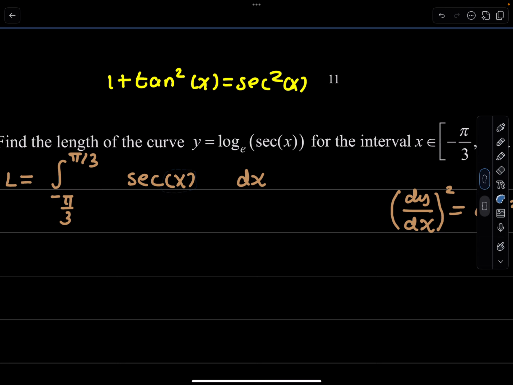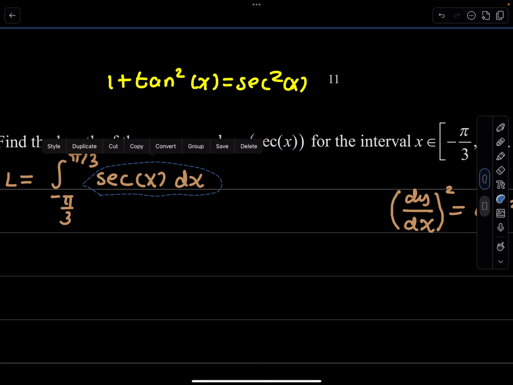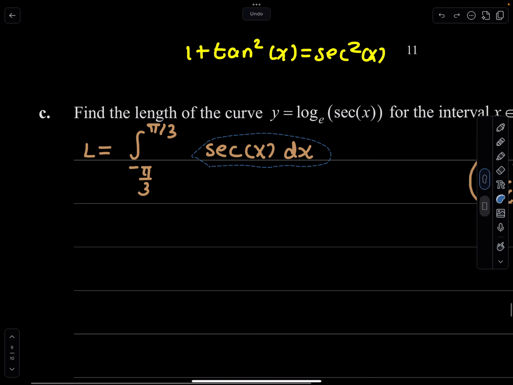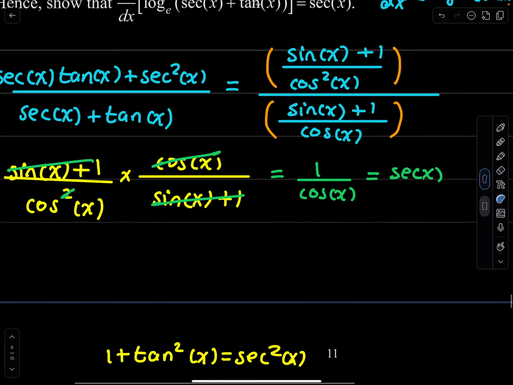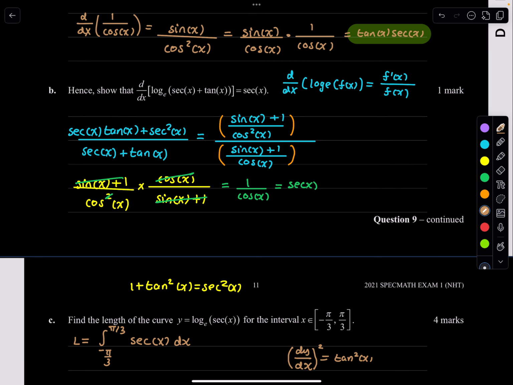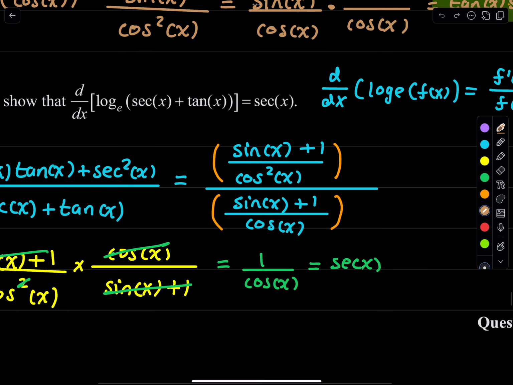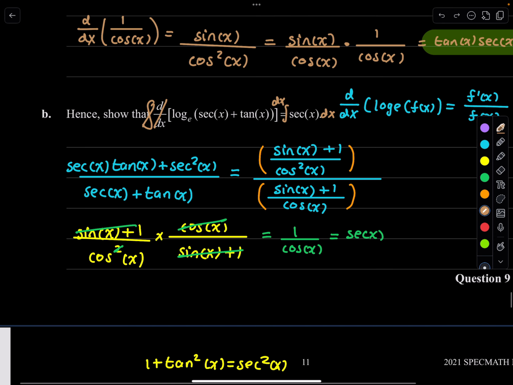Done. So we're basically just integrating this expression now, which is easy because the integral of secant x uses integration by recognition, because they gave you a hint here. Going back, if I want to derive this, I have to derive this whole expression, and you can see how the integral and the derivative are going to cancel out. The antiderivative of secant x is this basically. That's the hint.